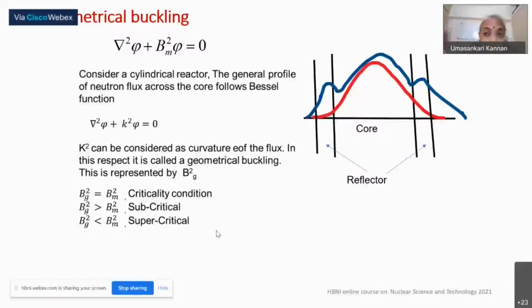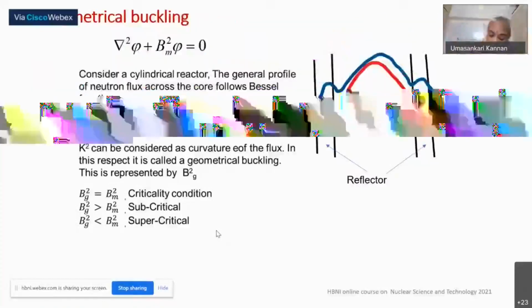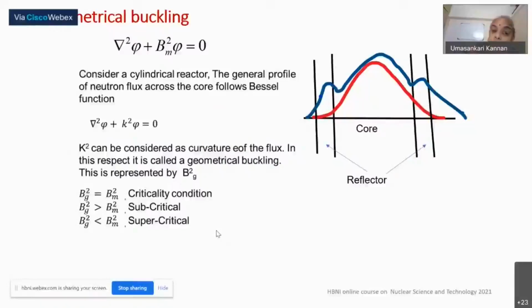So at every generation, you are getting more and more neutrons, and thereby your condition of criticality is not maintained. So it becomes a supercritical system. And if it is very largely supercritical, it would lead to a runaway situation. So this is the concept of criticality, subcriticality, and supercriticality.